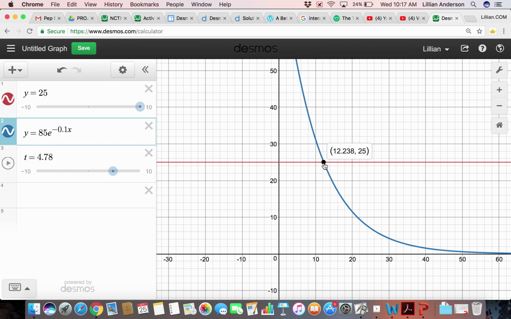On your calculator, you would press second, then the trace button, which takes you down to intersect, and then click enter 3 times, and it will pull up this exact same point. You would see that where the two curves intersect, or the time at which the temperature is 25 degrees Celsius, would be 12.2 minutes if you rounded to 3 significant figures.